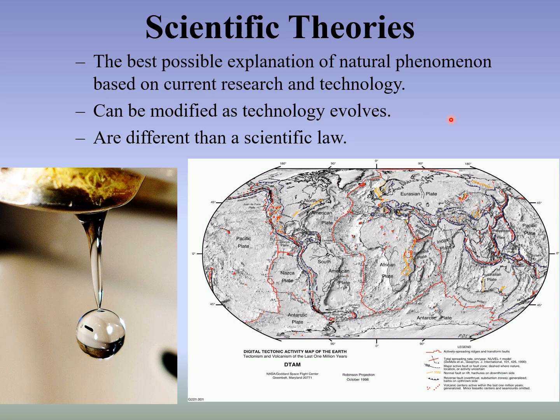Scientific theories are the best possible explanations for natural phenomena based on current research and technology, right? Science is always evolving, always changing as we get new data. I noticed this during the pandemic. A lot of people would say, well, the scientists said this, and then they said this, and then they said this, so they don't know what they're talking about.